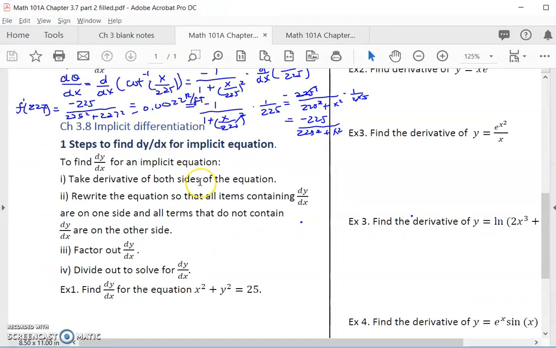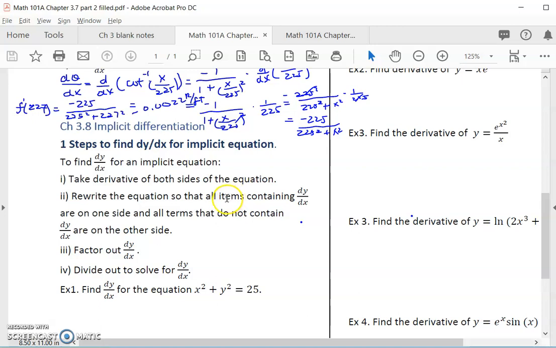Let's go through the steps first, because most differentiation of implicit equations would involve steps like this. First, you take the derivative of both sides of the equation. In the explicit form, the left-hand side becomes dy dx, and the right-hand side would apply the differentiation rule. But in this case, we just take the derivative on both sides. And if we run into a term where we would have d dx applying on a y term, we rewrite it.